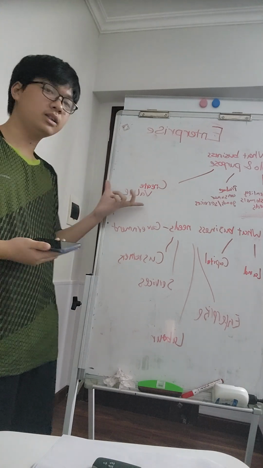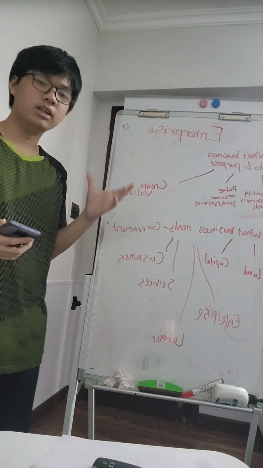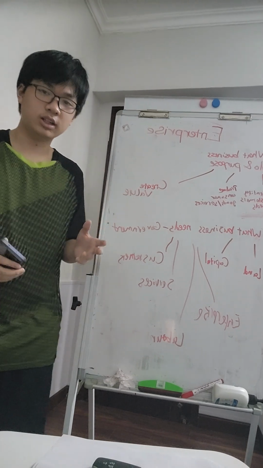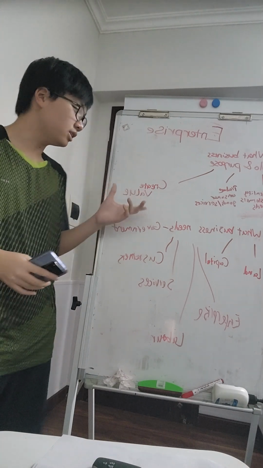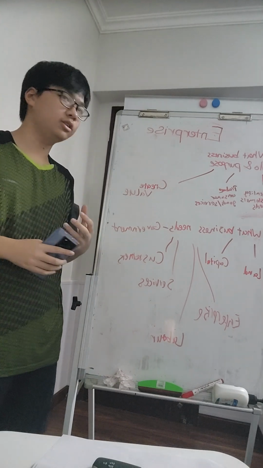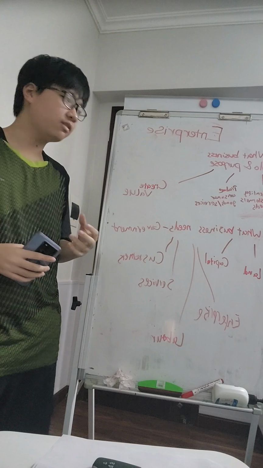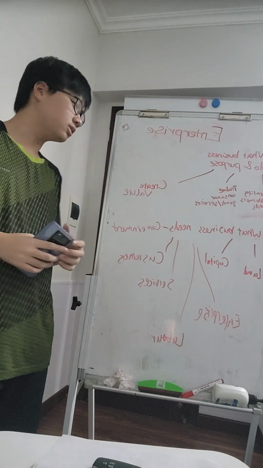What creating value means is that they need to somehow make something worth more than how much it cost. An example of this is if you're a business and you bought some food ingredients at a cost of $5.